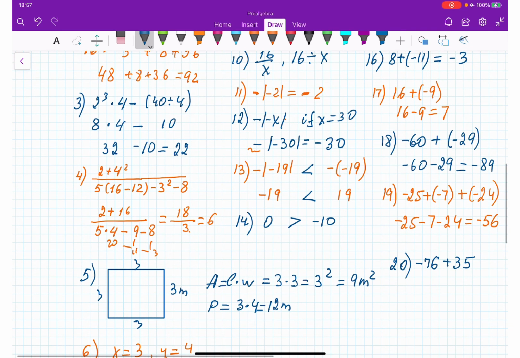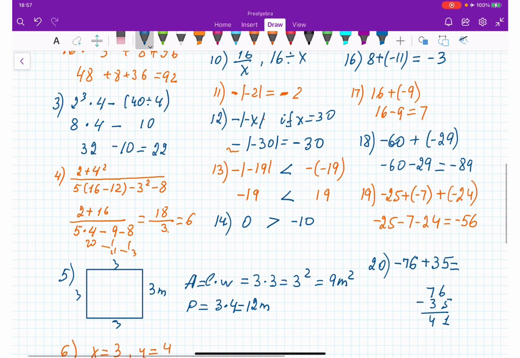We need to subtract. So let's subtract 76 minus 35. 6 minus 5 is 1. 7 minus 3 is 4. 41. 76 is greater than 35 and it has a negative sign. Then 41 is going to be negative. And that's it. I'm done.